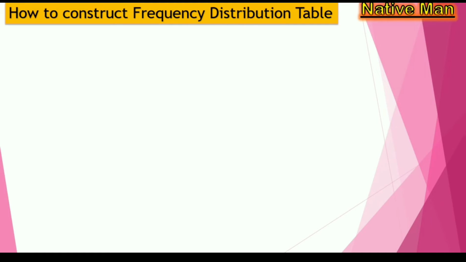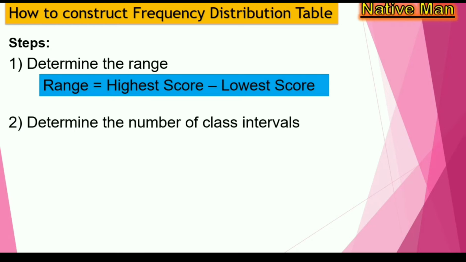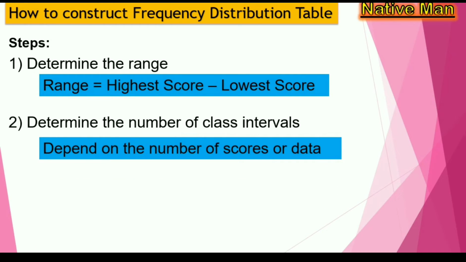These are the steps on how to construct a frequency distribution table. Again, step 1, determine the range. Range equals highest score minus lowest score, or highest data minus lowest data. Second, determine the number of class intervals, which depends on the number of scores or data.